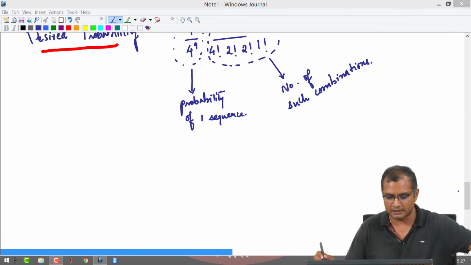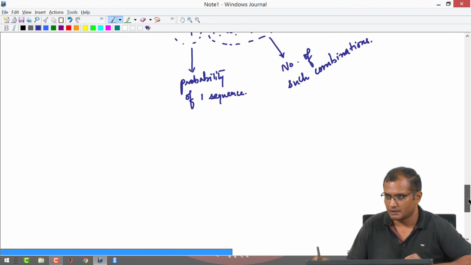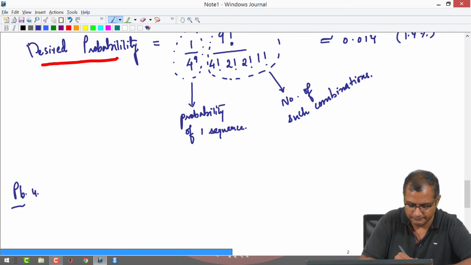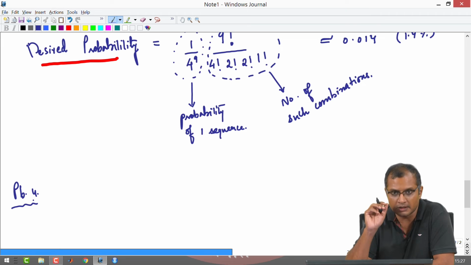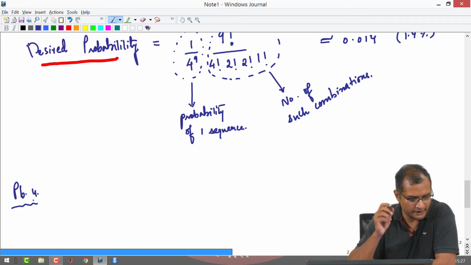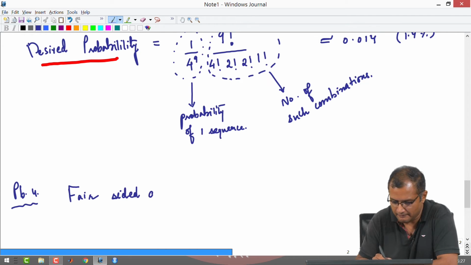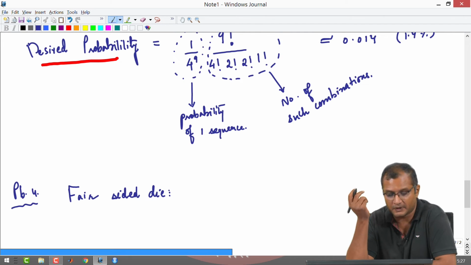One problem that is important here concerns the role of a die. So, if I take a fair sided die, okay, so this is another problem.